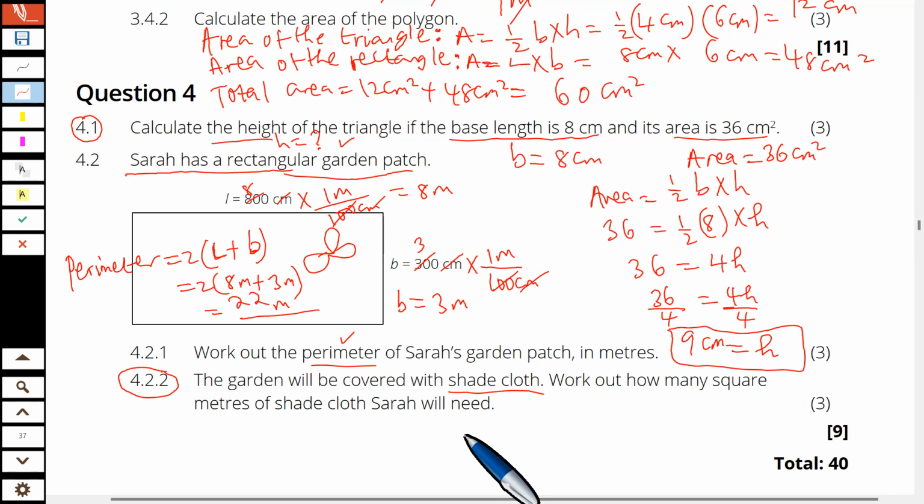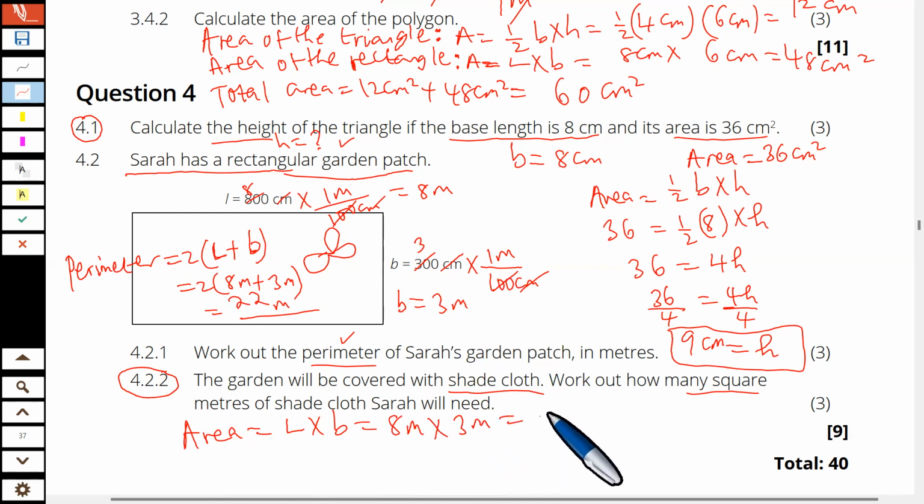So is it 12 meters squared? Because we are dealing with how many square meters, we're going to find the area. So the area of this one is length by the breadth. What is the longest side? It is 8 meters. The breadth or the width of this is 3 meters.